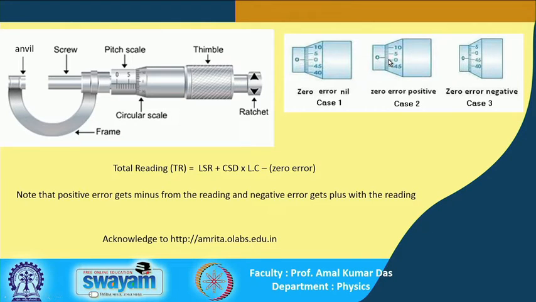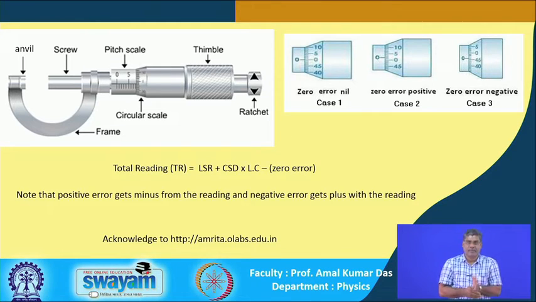And here, if the zero of the circular scale could not reach the zero of the linear scale, then it is a positive error. In this one, the zero crossed the zero of the linear scale, so it is a negative error. I think we described this in the same way earlier, right?